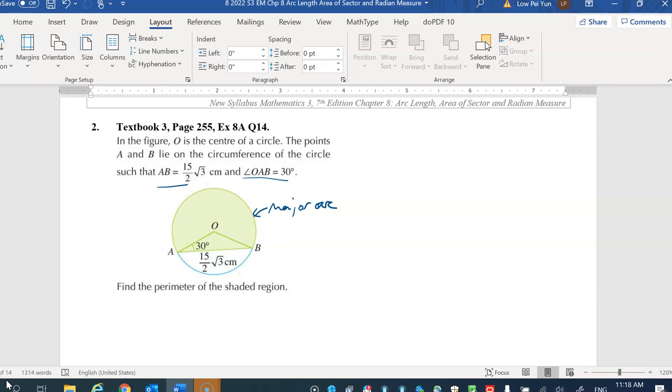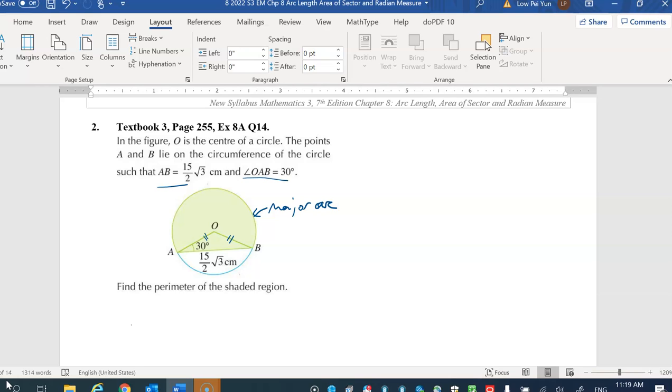Well, we know that since any length that shoots out from the center is the radius, so we have an isosceles triangle here. Since we have an isosceles triangle, we can find AOB.